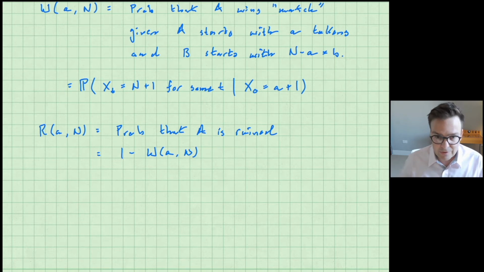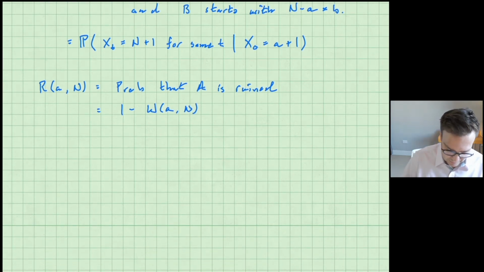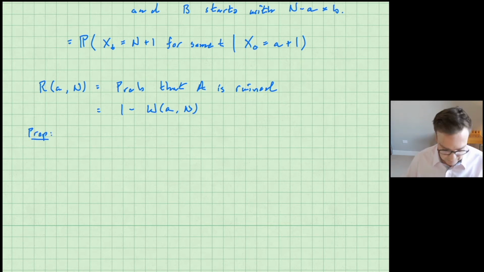All right, now that we've got the definitions down for the things that we want to calculate, we're going to operate in true mathematician style and just tell you the answer and then prove it. So we're going to tell you the answer in the form of a proposition. And I'll just write it down here. So the probability of A winning looks like this.